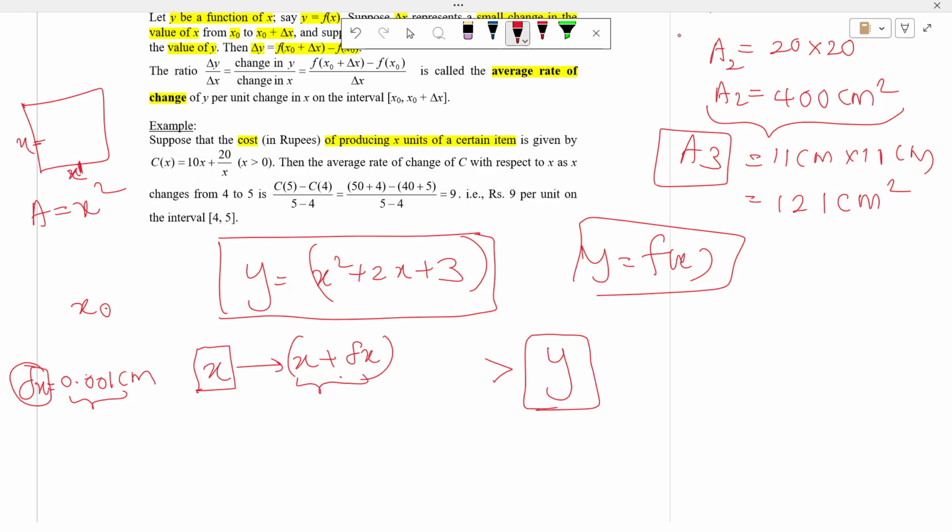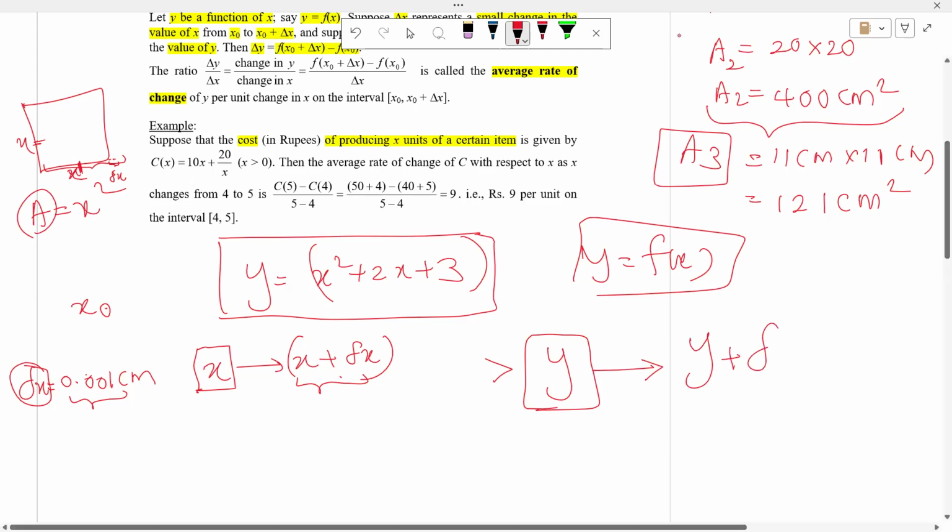now you are doing a small increment. Delta x is a small increment for one side of your square. Depending on that small increment, your y value, y value means your area, also will change, right? So your y value will change by delta y.